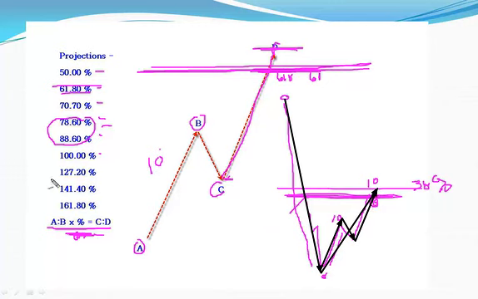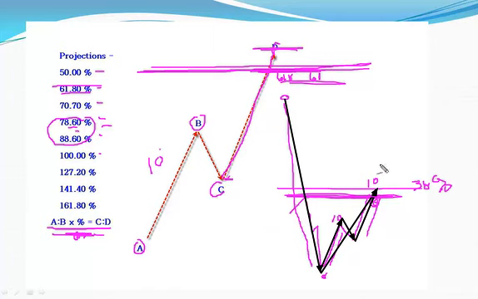So again, you're still looking at that A to B times 786, 886 would equal that C to D leg, you see? So you want to be careful when you're looking at this, because a lot of times in books or out there in the marketplace, people call that a measured move. And although, yes, typically it's called a measured move, it's not really a measured move all the time. Sometimes you'll fall short, maybe a 618.